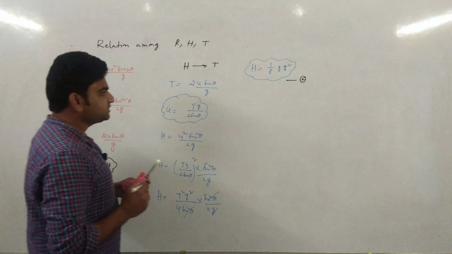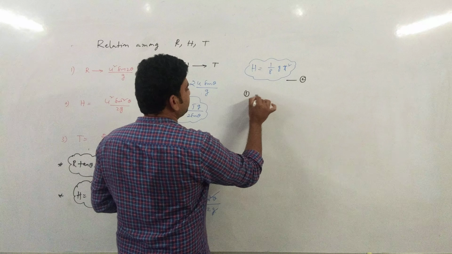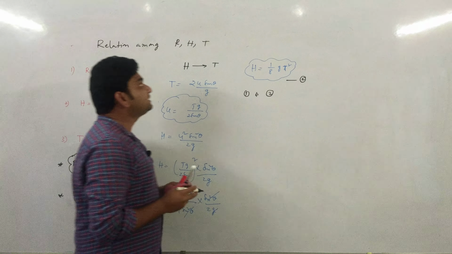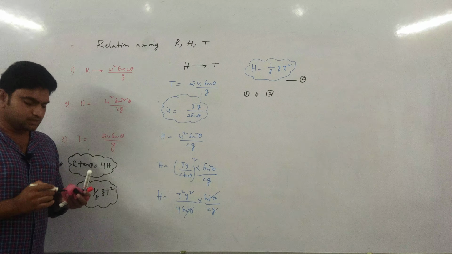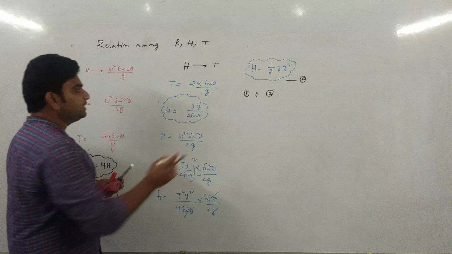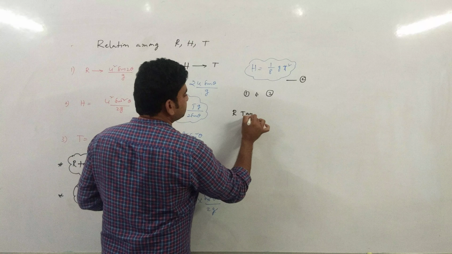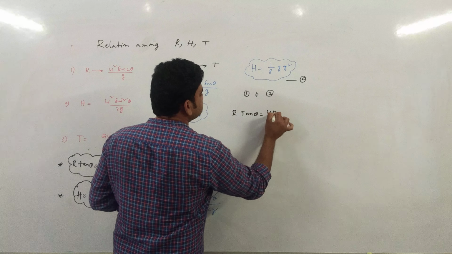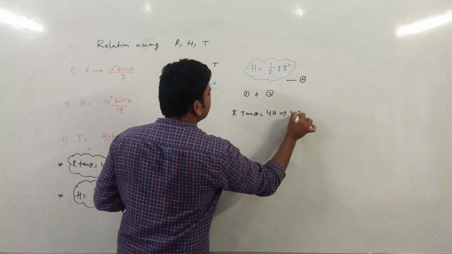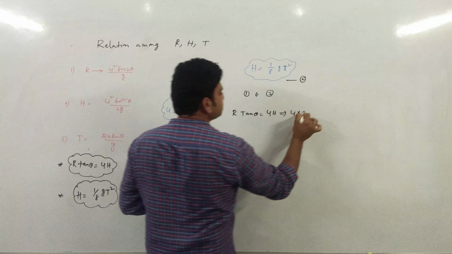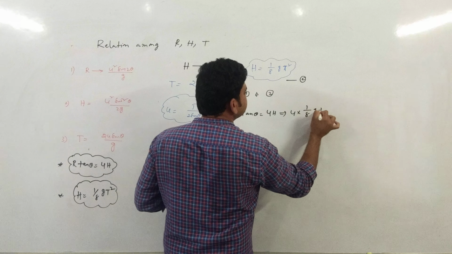So from equations 1 and 2, we can compare the 3 values, that is R, h and T. Initially the first equation is R tan theta equals 4h. This can also be written as 4 times h, where h is 1 by 8 gT square.